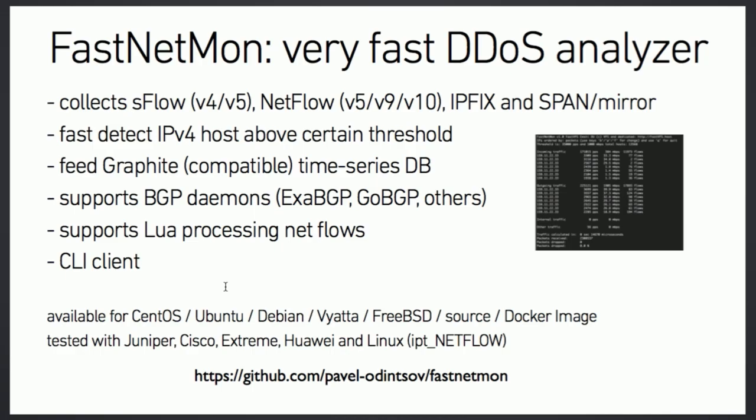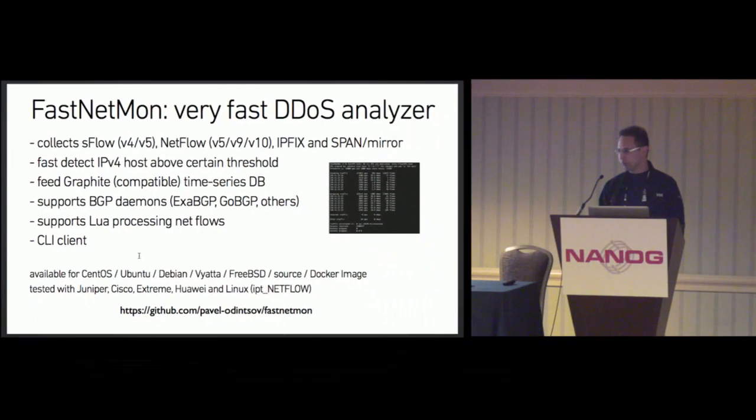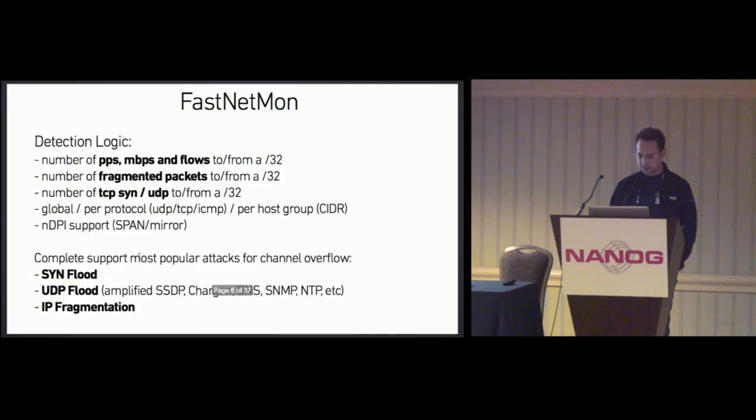It supports a BGP daemon, so you can use these alerts or the detection to trigger a BGP announcement, a community, or flow spec. It supports Lua, so if you want to post-process your NetFlow packets, you can use Lua for it. And it's tested across a lot of Linux distributions, Unix servers, and with a bunch of different network devices like Juniper, Cisco, Huawei, etc.